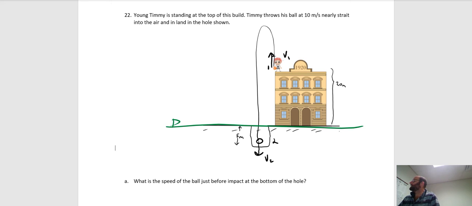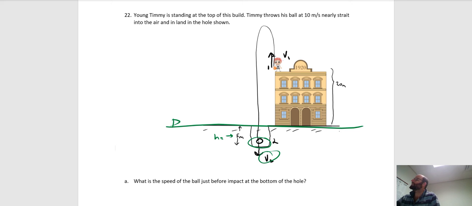Your PE2 term: we're 5 meters below the datum. I would personally put something like minus mgh2, where this is the h2. Now, if you put minus mgh2 for the potential energy term, you don't need to put a negative value in for h, because the minus sign already takes that into account. And then the KE2 will be 1/2 mv squared.